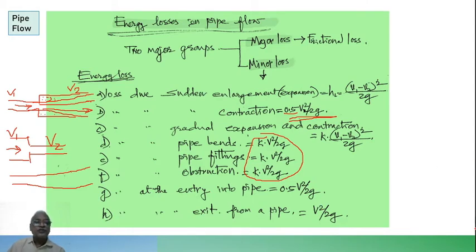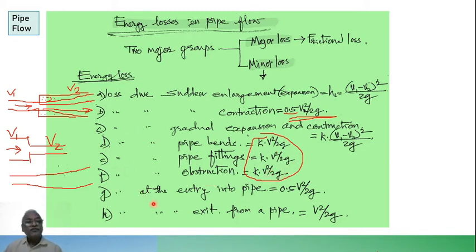There is no change in the diameter, but there will be some obstructions. Because of that it will be K multiplied by V squared by 2g. As there is no change in diameter, it is all just V, not V1 or V2, right?